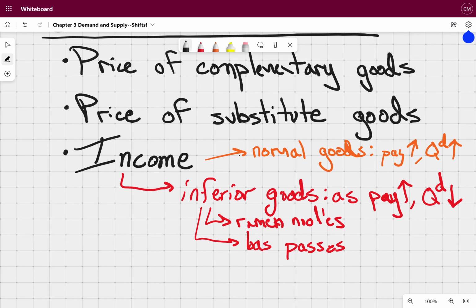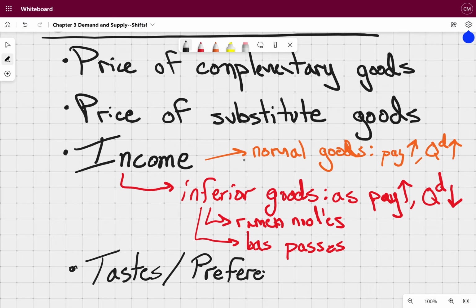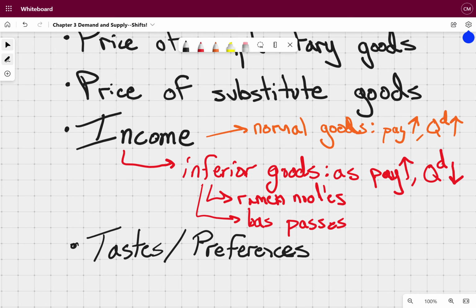The biggest one, and the one that we see in play most of the time, is just tastes and preferences. So, Marvel action figures after the release of Infinity War and Endgame, right? A lot of times, there'll be a study that says that something is either healthier or more dangerous for you or whatever, right?